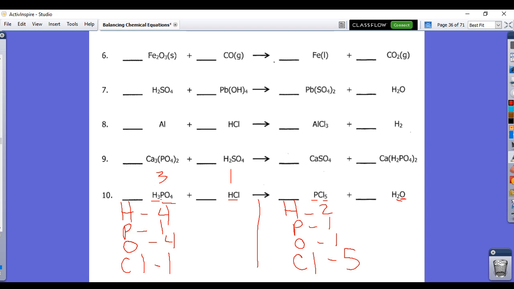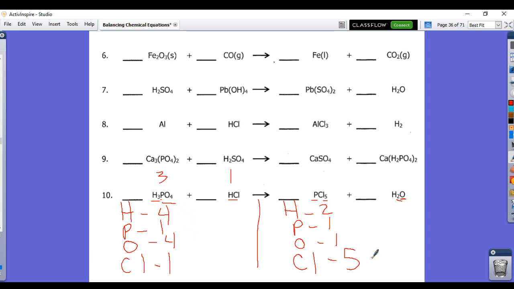So right away, hydrogens are unbalanced, but we're not going to try to balance those first because you have hydrogen in 2 different places here. So we're going to do something simpler. We're going to jump over to the chlorine. In the video I had posted, it always says try to do the hydrogen and the oxygens last.